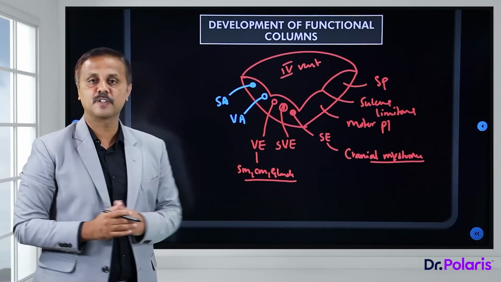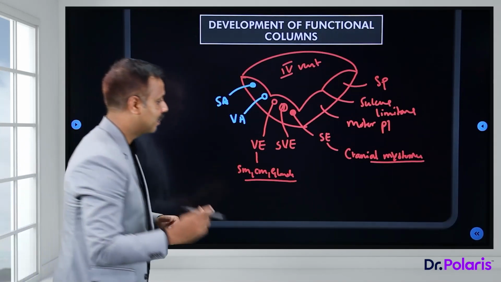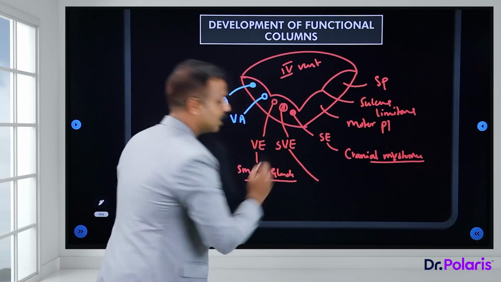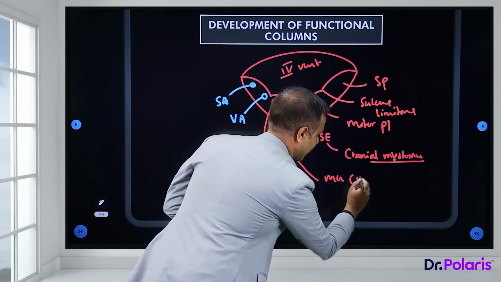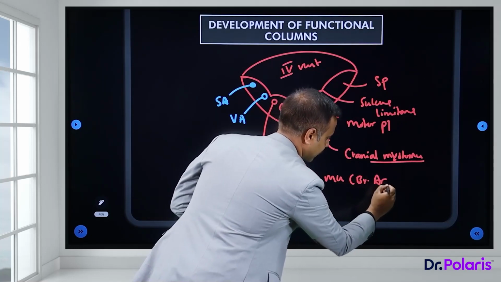What is the function of the special visceral efferent column now? Remember, the special visceral efferent column is concerned with supplying the muscles which are derived from branchial arches.